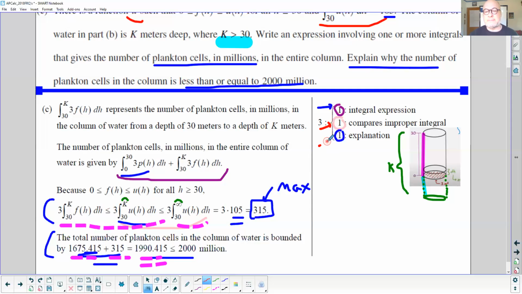And then in the explanation, you need to summarize all this and say, I knew that this one here was 1675, and I knew that this one at the absolute maximum, according to all this, is 315. So this answer is right there, and this answer is right there, and that total has to be under 2000.